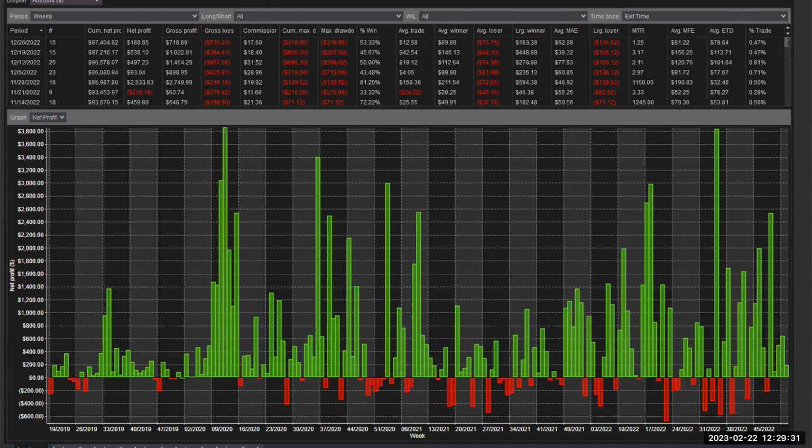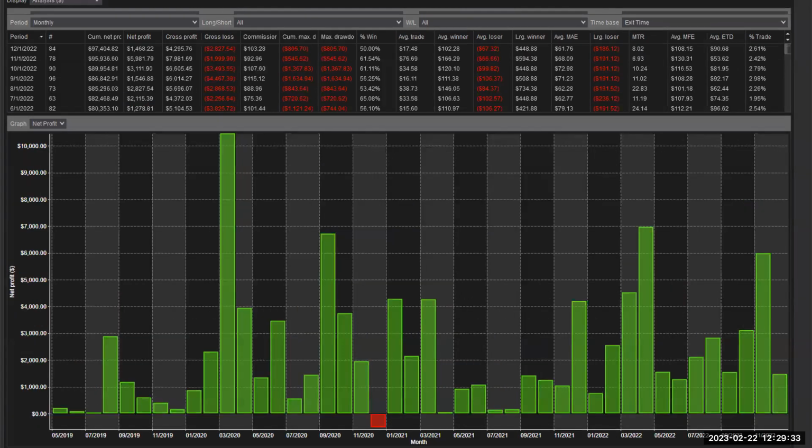This is trading. Take a look at this monthly net profit distribution for just over the last 3.5 years. With this portfolio, guys, only 1 losing month right here, in December of 2020.